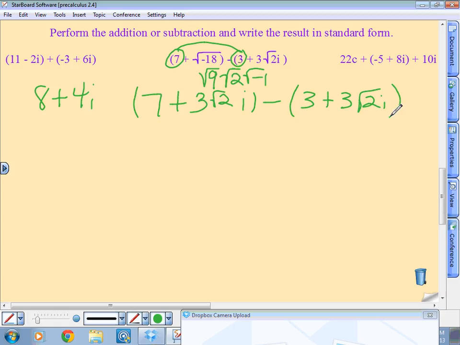All right. So 7 minus 3, right? 4. And then we have 3 radical 2i minus 3 radical 2i, which is 0. So 4 would be our answer. That makes sense. Okay.